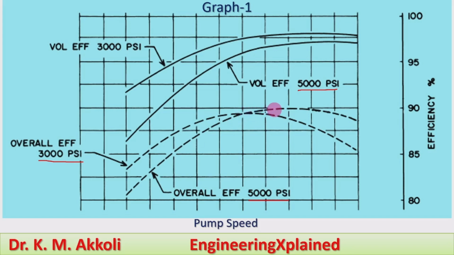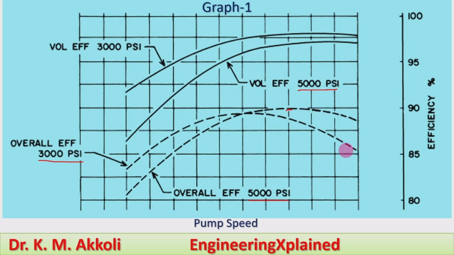Gradually it increases again and reaches a maximum at a speed higher than that of the 3000 psi. The 3000 psi pressure reaches maximum at a lower speed compared to the 5000 psi pressure, and after reaching the maximum, the decrease in the overall efficiency will be somewhat less compared to the 3000 psi pressure.